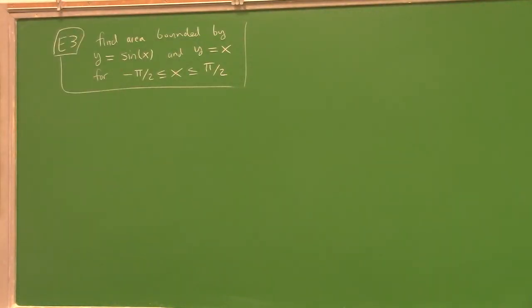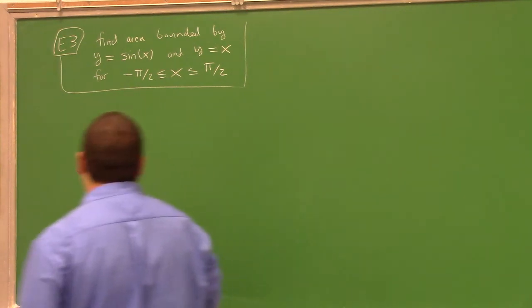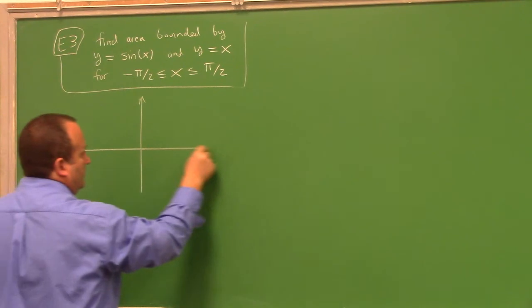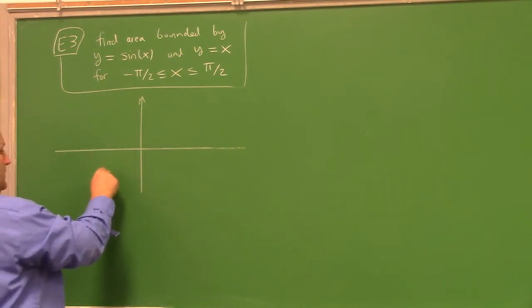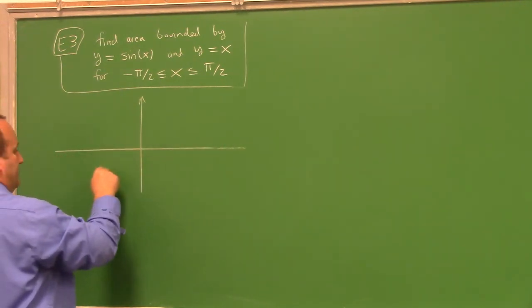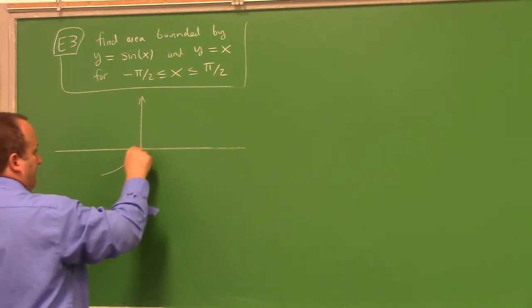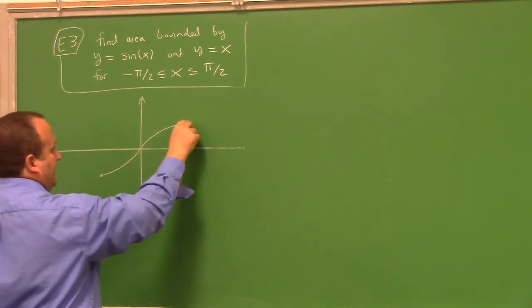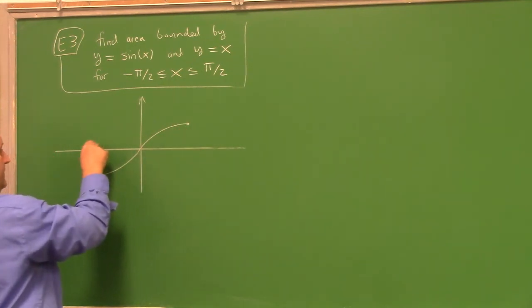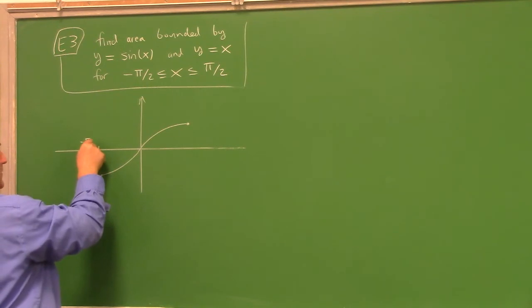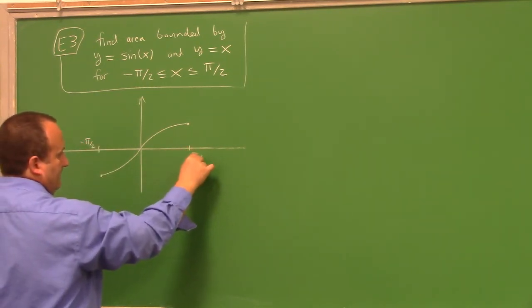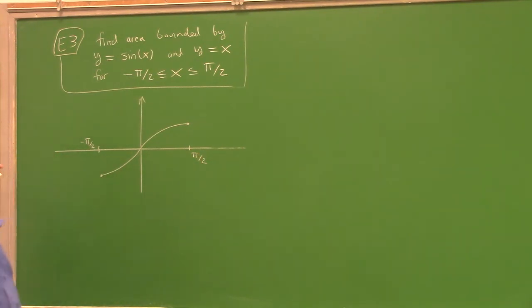Let me try to get us started. We know what the graph of sine looks like, right? Basically, here is the graph of sine from minus pi over 2 to pi over 2. It goes from minus 1 to 1.